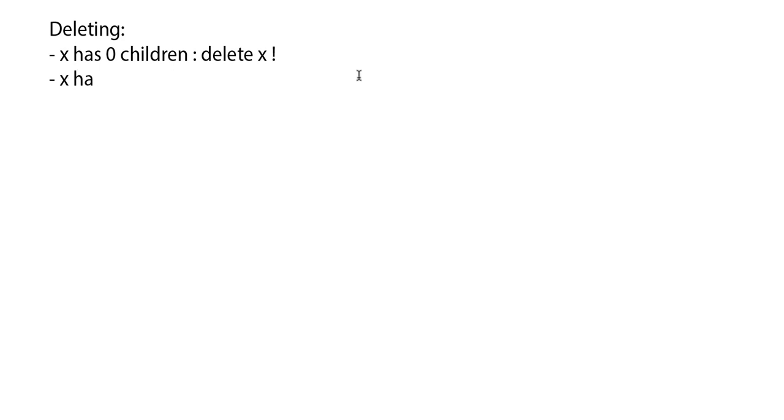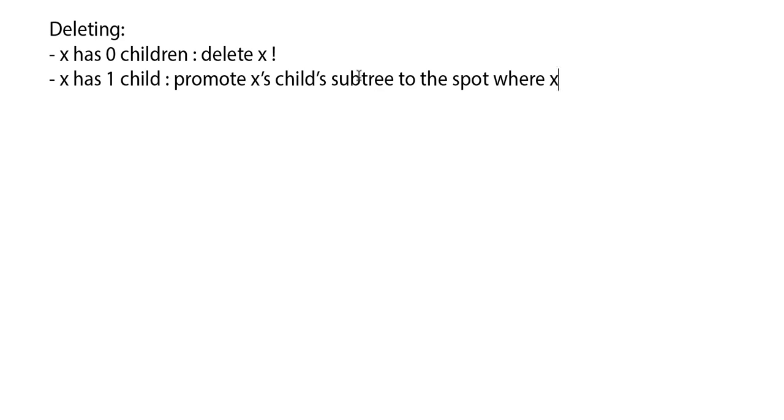Now case 2, X has 1 child. Then if this is the case, we promote X's child, or rather X's child's subtree to the spot where X was. So the deleted node's spot is taken over by the child and its whole subtree, right?